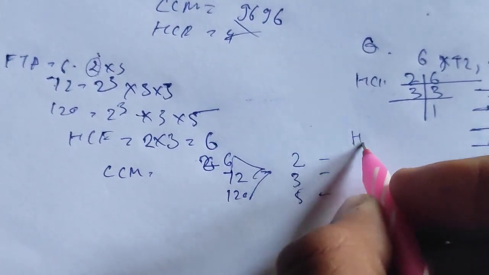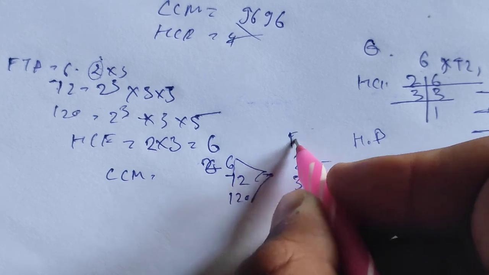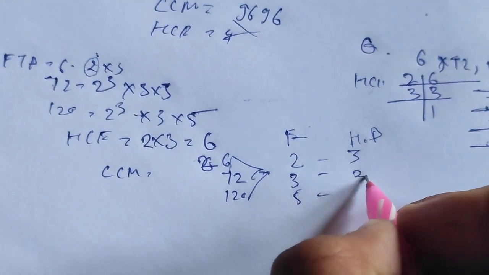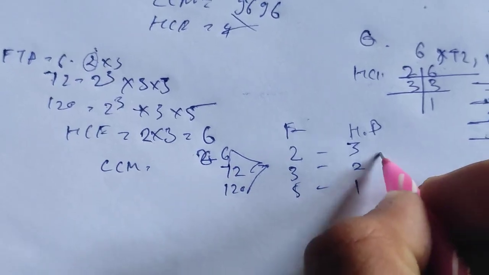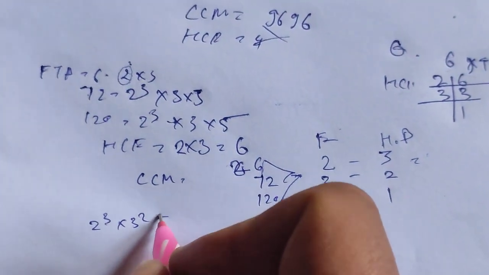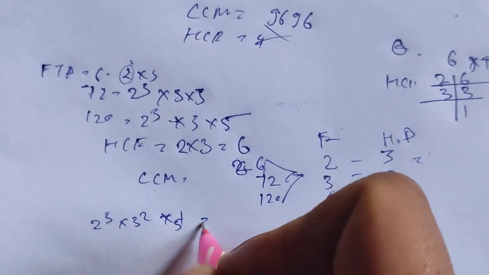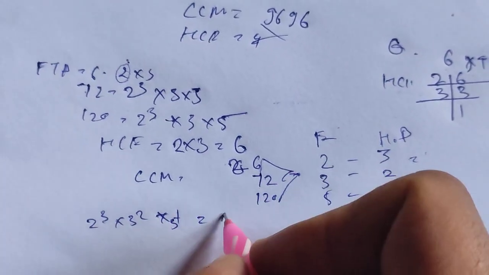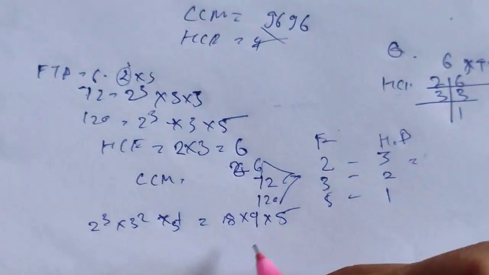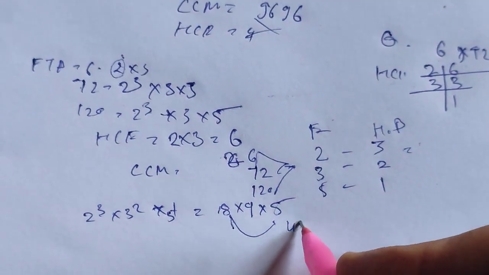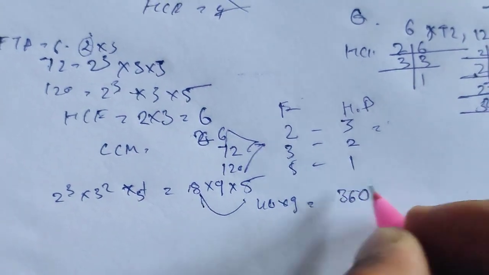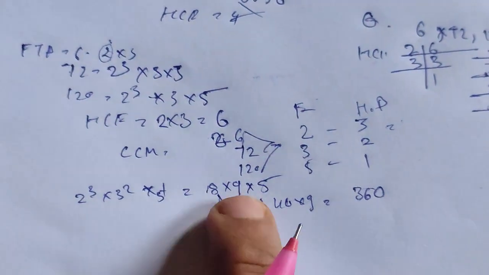The highest power of 2 is 3, of 3 is 2, and of 5 is 1. So overall it becomes 2 cubed into 3 squared into 5, which is 8 into 9 into 5, so 40 into 9, which is 360. So our HCF and LCM are 6 and 360.